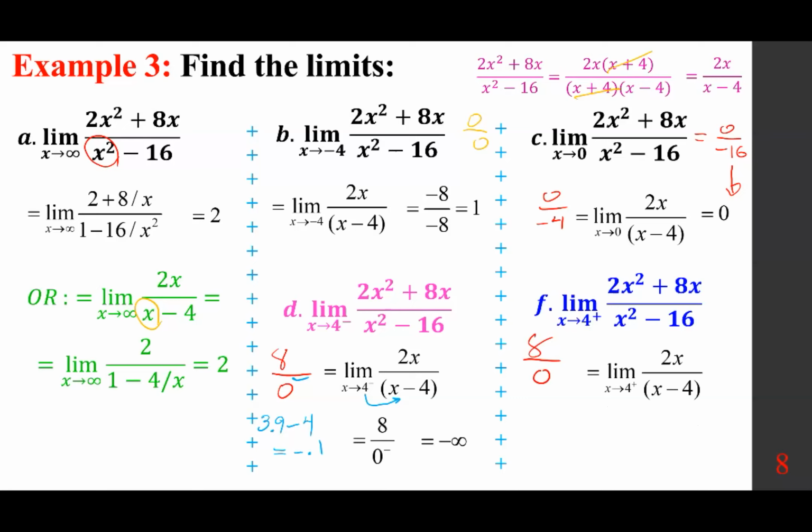However, here, if I put 4.1 minus 4, I get positive 0.1. So 8 over 0 from the right, positive over positive, is positive infinity. So in both cases, we know the answer is infinity, we just don't know the sign. And with the method that I just covered, it's easy to figure out.